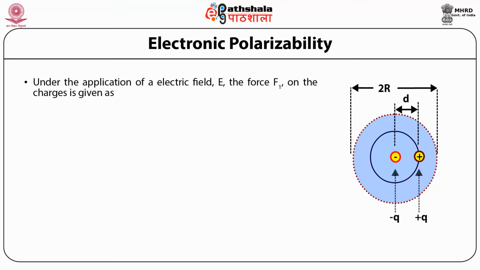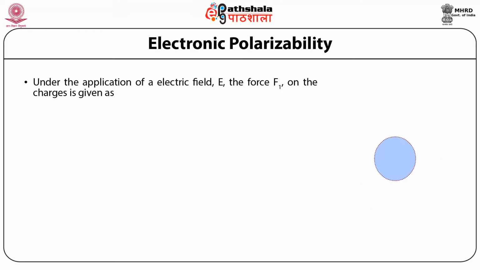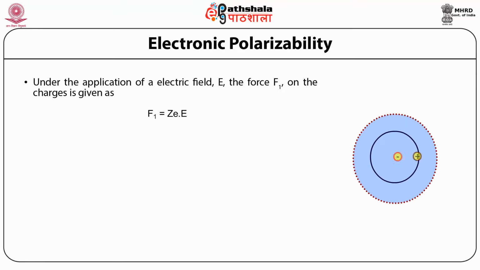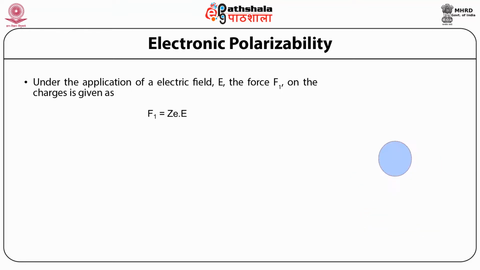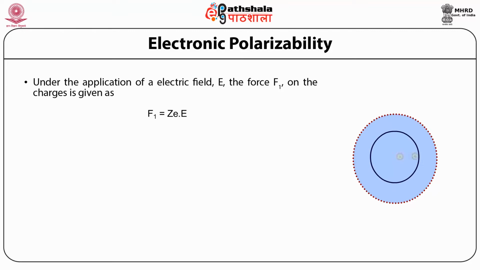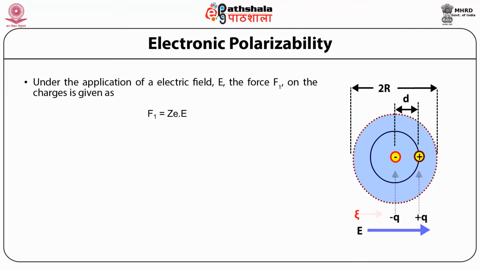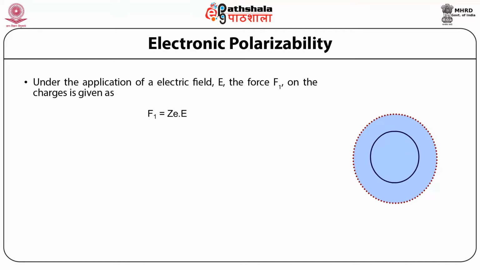Under the application of an electric field E, the force on the charges is given as F equal to Ze into E. As a result, positive and negative charges experience forces in different directions and their centers move away from each other by a small distance d, which is also shown in the figure.